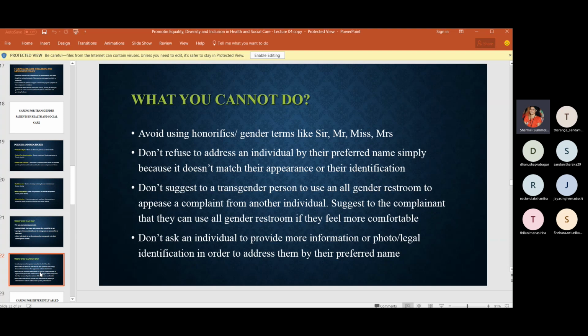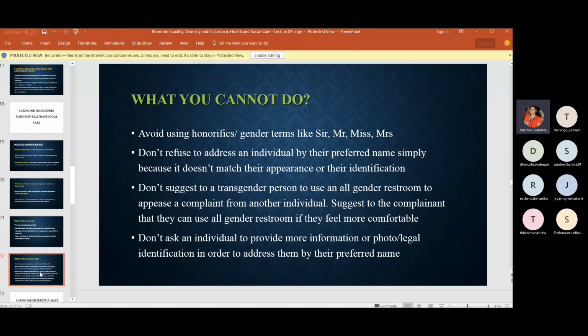Don't suggest to a transgender person to use an all-gender restroom to appease a complaint from another individual. Suggest to the complainant that they can use the all-gender restroom if they feel more comfortable. Yes. Normally in a hospital setup, if a transgender person is using a female restroom and other female patients come and complain to you, you can't tell the transgender patient to use the common restroom.